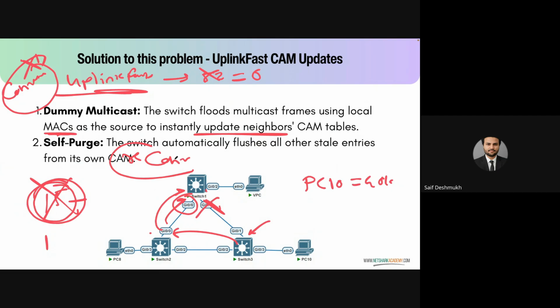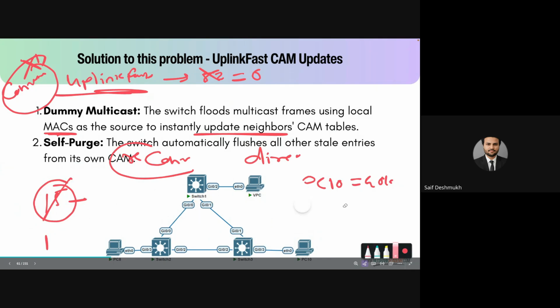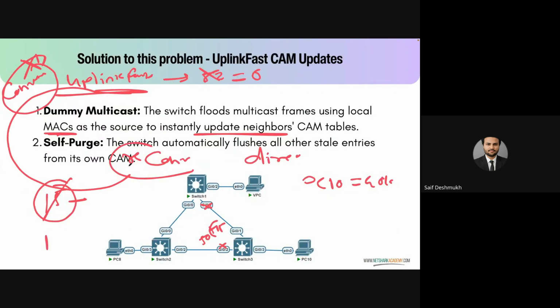Then we talked about direct link failures. In this case, here on switch 3, this interface was blocking. Total time was taking 15 plus 15 seconds for the MAC address table update. We skipped that using uplink fast plus the dummy multicast that automatically happens when you enable uplink fast.